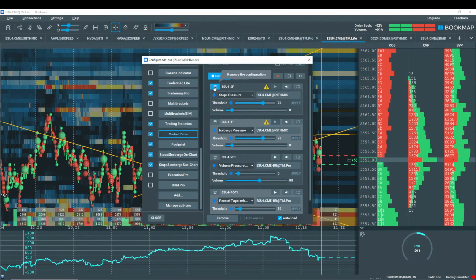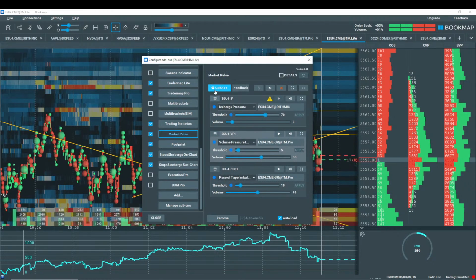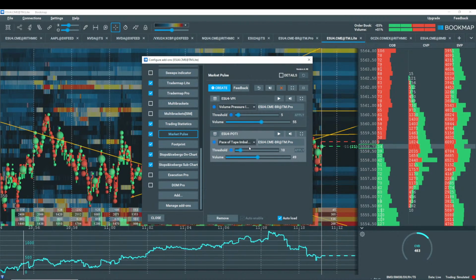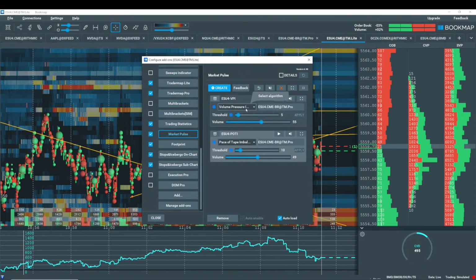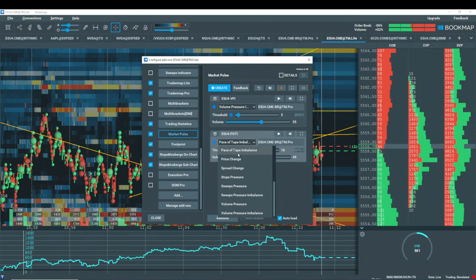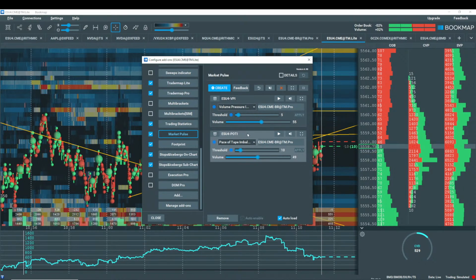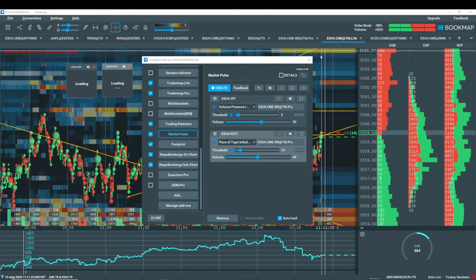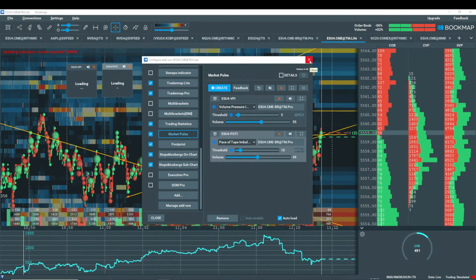actually, let's get rid of stops pressure and icebergs pressure, and we'll look at volume pressure and pace of tape imbalance. This is the new one here, pace of tape imbalance. Okay, so we'll add these two, and let's listen in.